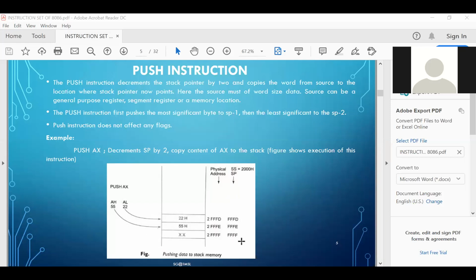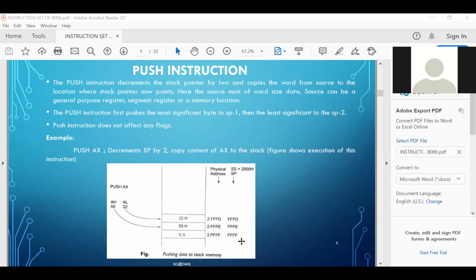Do you have pen and paper with you? If you need to write it, please write. Stack segment SS equals 2000, stack pointer SP equals FFFF. The stack segment is the segment address, and the stack pointer is the offset address.